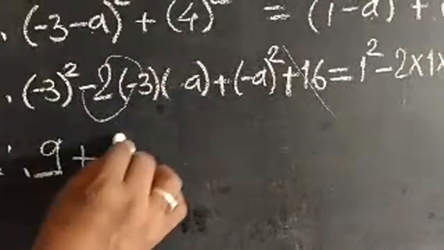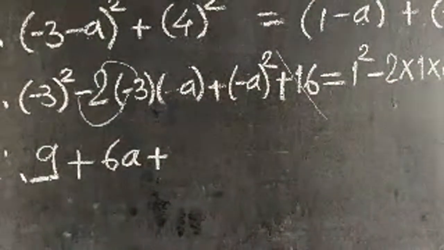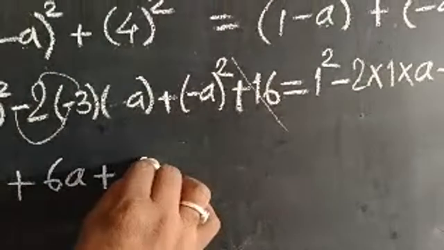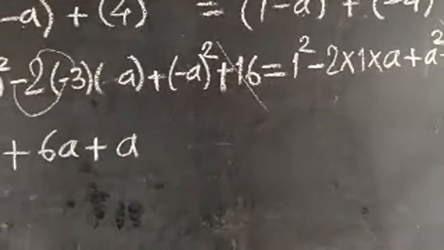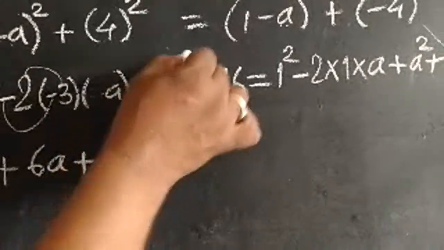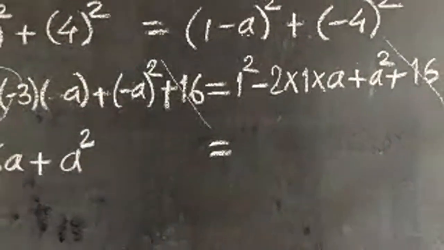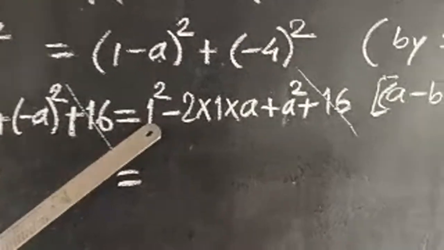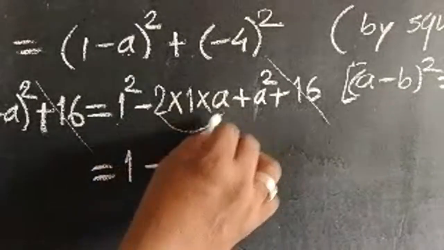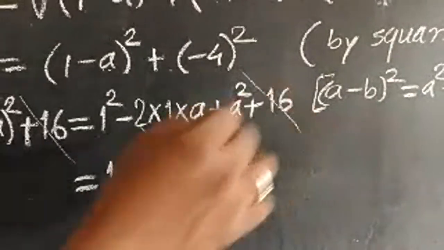Multiplication: 6a plus minus a square is... not a square, a square and plus 16 get cancelled, is equal to 1 square is 1, minus 2 into 2a plus a square, and 16 gets cancelled.